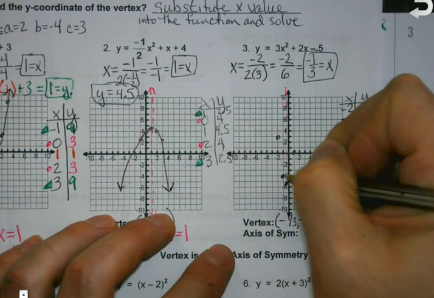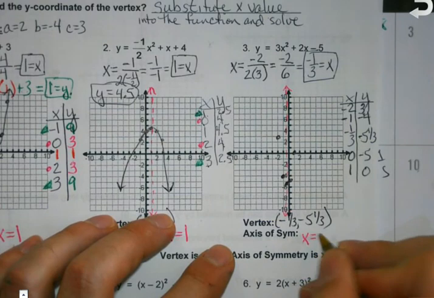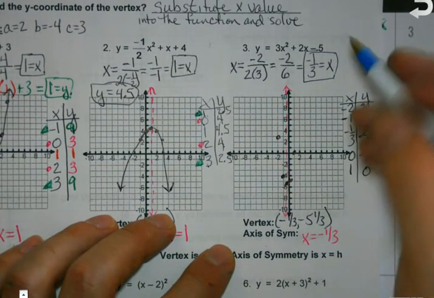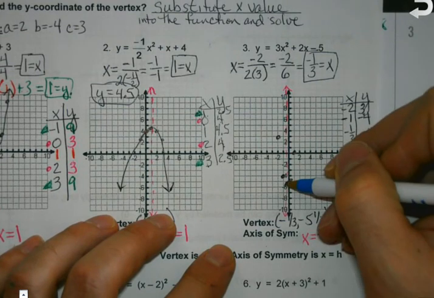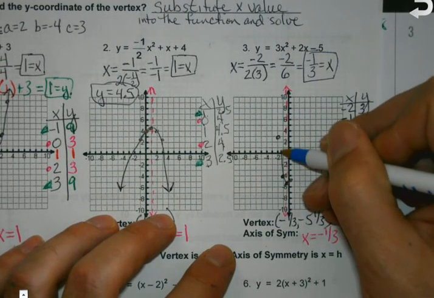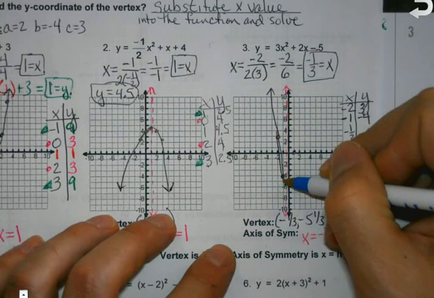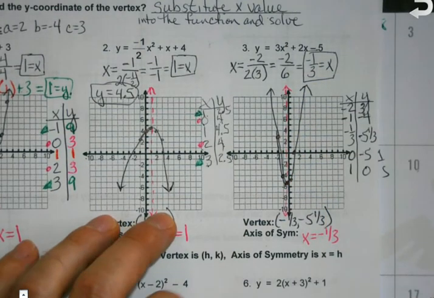I'll get my axis of symmetry in here to try and help me. X is negative 1/3. It's going to end up still being a U shape. It might not be quite as symmetrical.